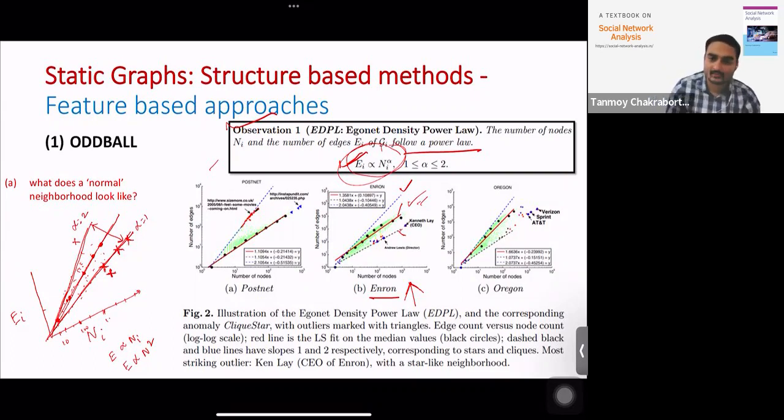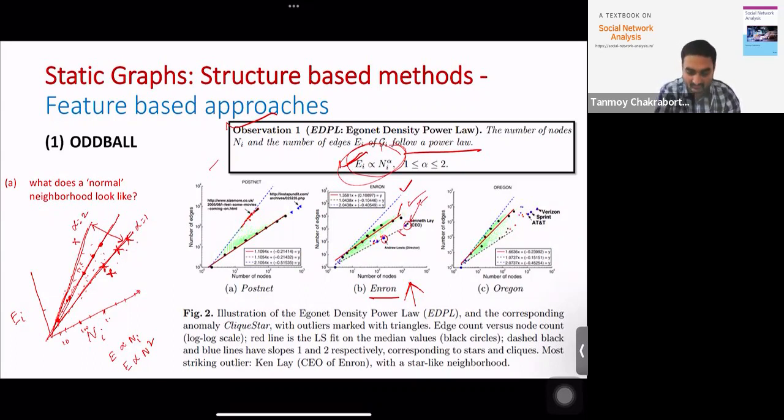And then you look at some of the points which are very different from them. For example, they looked at this point, and they manually identified those points. So interestingly, some of those points are very different, because say this point corresponds to some CEO.